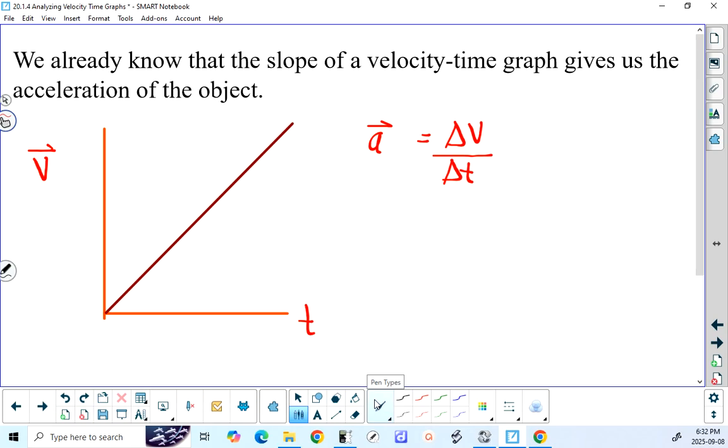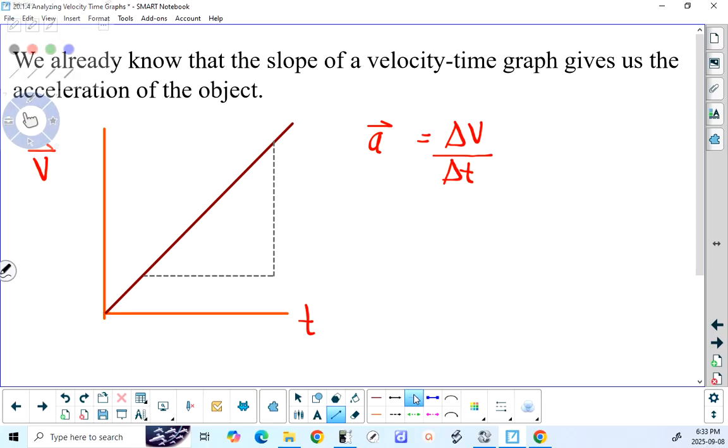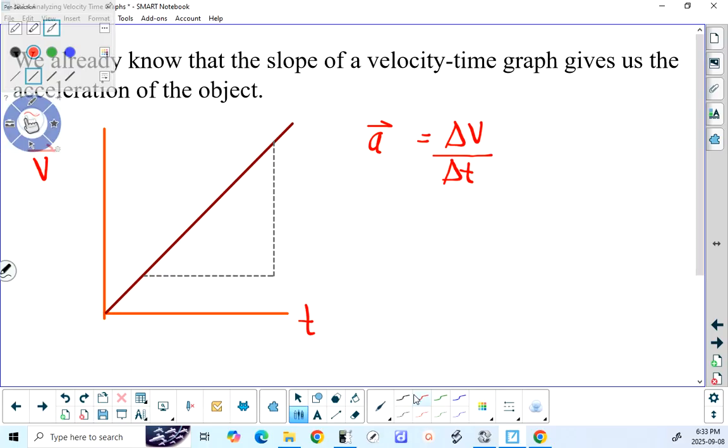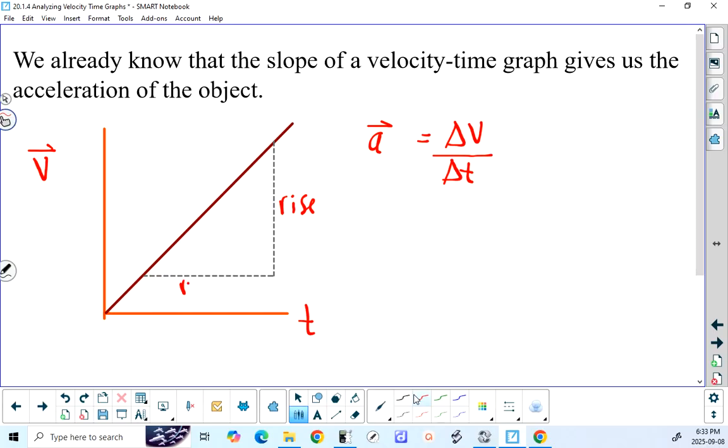And when you find the slope of a line, one of the earlier methods that you're taught is you pick 2 points on the line, you extend the 2 points to create a right angle triangle, and the height of that triangle is what we refer to as the rise, and the base of that triangle is what we refer to as the run. Well, stop and think about what the rise is. The rise is the change in the velocity.